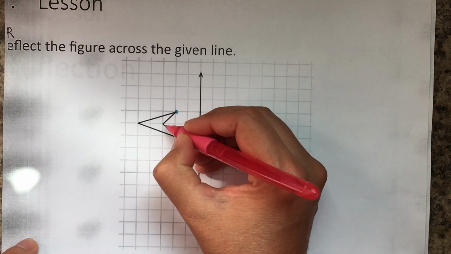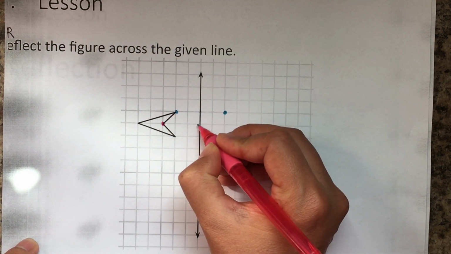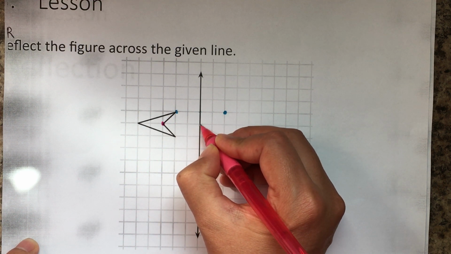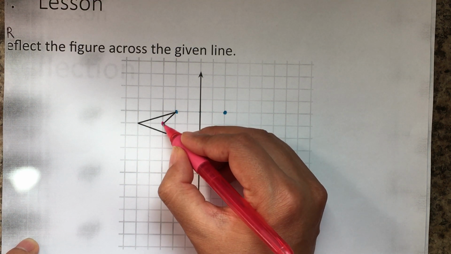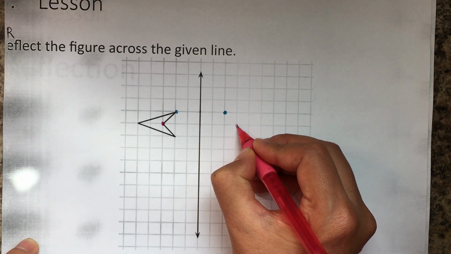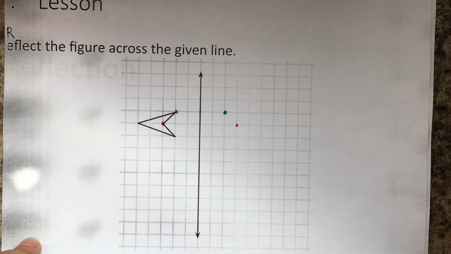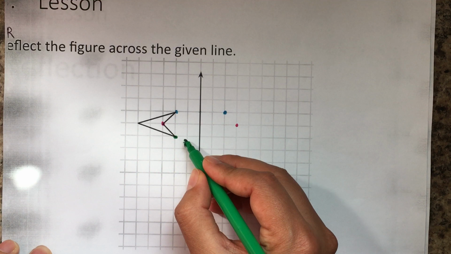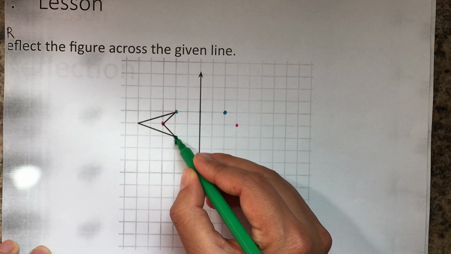Then I'm going to use pink for this one. So again, how many spaces away is this point from the line? And it's 1, 2, 3, 3 spaces. So I'm going to count 1, 2, 3 spaces on the other side. The next one, it's 1, 2 spaces.